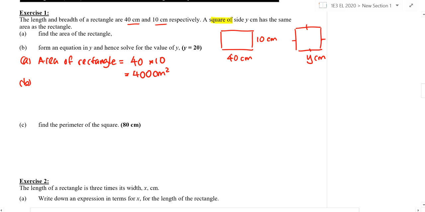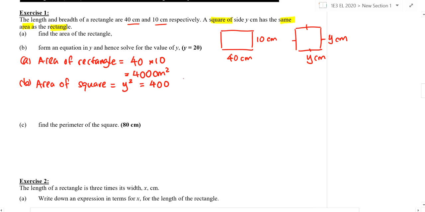The square has the same area as the rectangle. So we know that for the area of a square, it will be the square of its side, so y squared. Okay, so y times y is y squared, and we know that this is equal to 400.